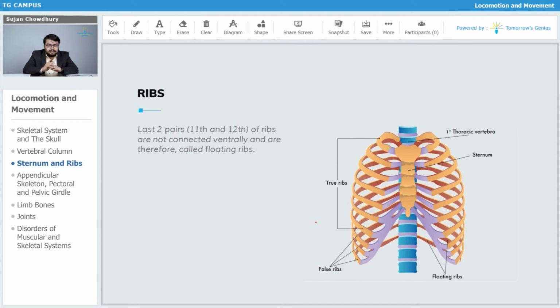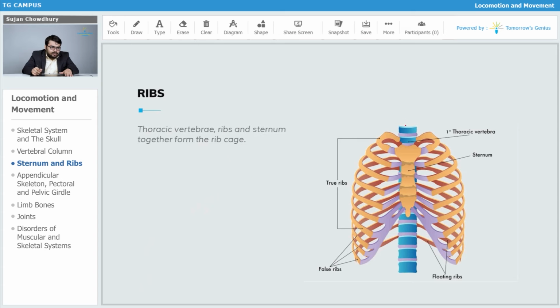So up to the 10th pair of ribs we observe articulation at the ventral side, whereas the 8th, 9th and 10th ribs do not directly get connected to the sternum but get connected by means of hyaline cartilage anteriorly.